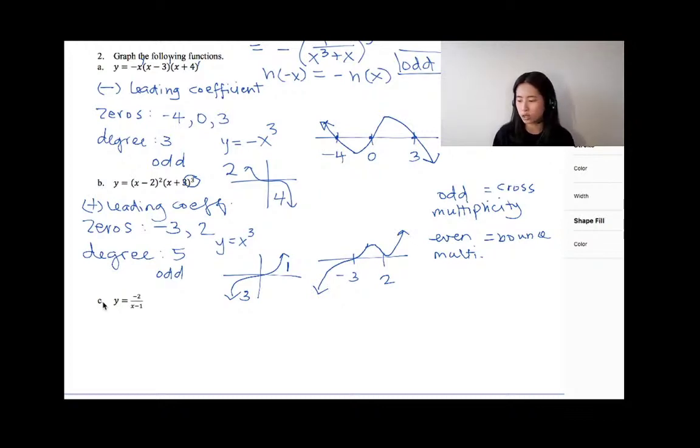So we can start with the vertical asymptote. For a vertical asymptote, you can assess that in your denominator. The whole point of a vertical asymptote is that your function does not exist there because you have a break there, right? So at x minus 1, which is x equals 1, that's your vertical asymptote.